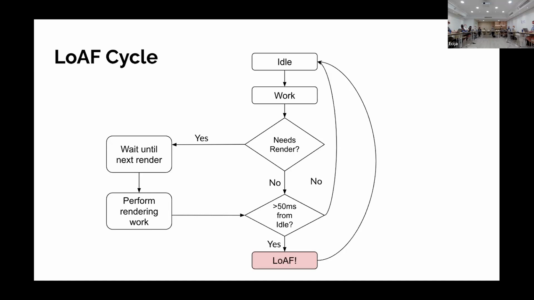If you did render, we wait until the next render. We perform the rendering work, and if at this point the whole thing took more than 50 milliseconds, this was a long task. In terms of the HTML standard, you can say that this is the time from the beginning of a task until after the next update the rendering.